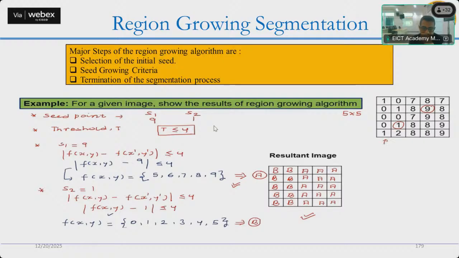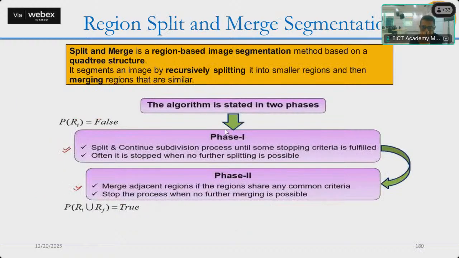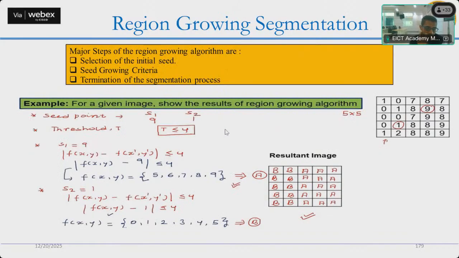So what we are saying here, for a given image, we show the results of the region growing algorithm. What is our purpose here?